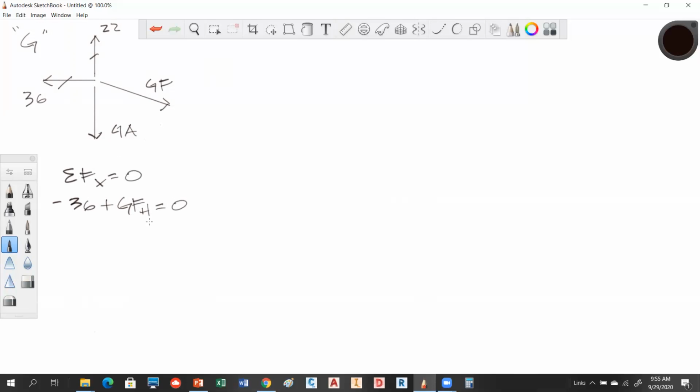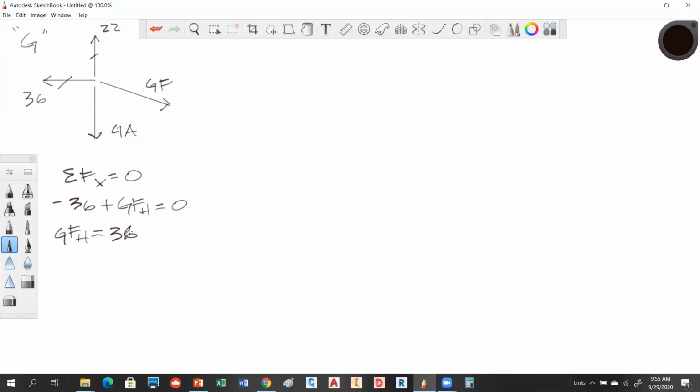That resolves, doesn't it? So then it would be positive 36. So that tells us that it is truly a tension member, right? So we guessed that correct, okay? More than a guess. That was a little bit more educated guess, right?